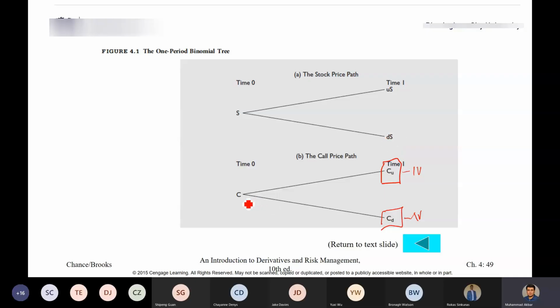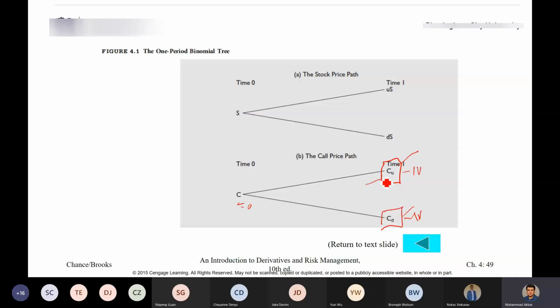Okay, so if you want to know the call price here, simply calculate the present value of all the future cash flows. Present value of the future cash flows here is made difficult by one thing, because you can either get this one or this one. These are mutually exclusive. You can't get both of them at the same time.